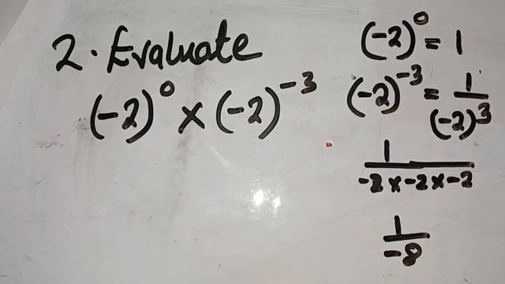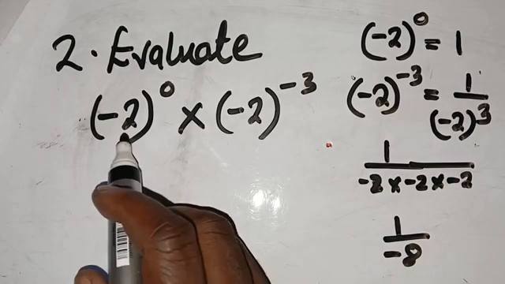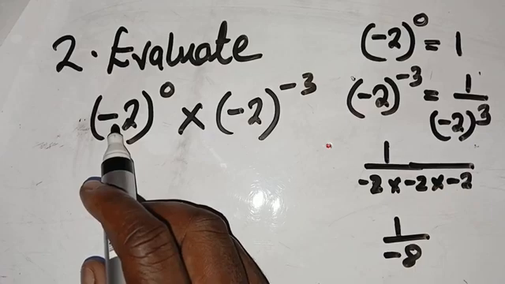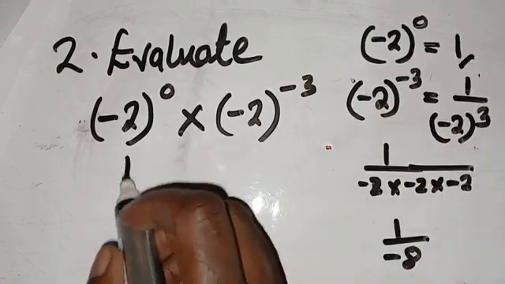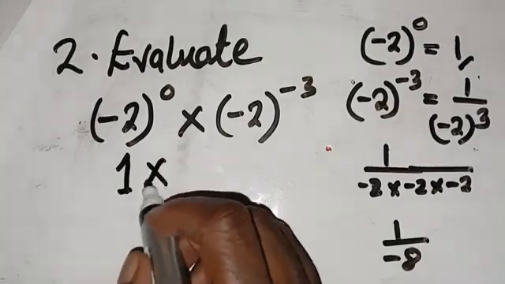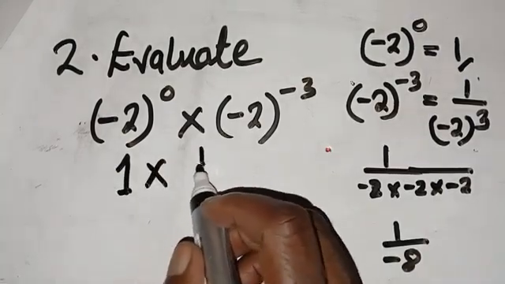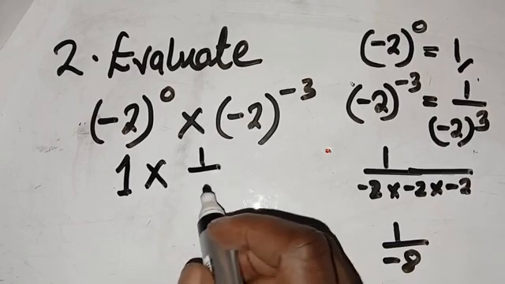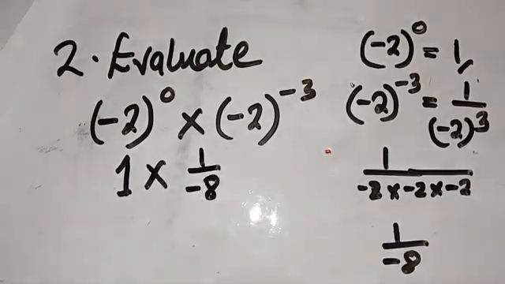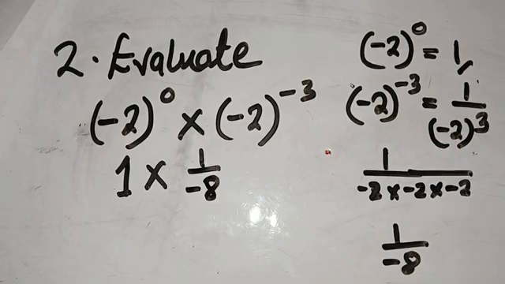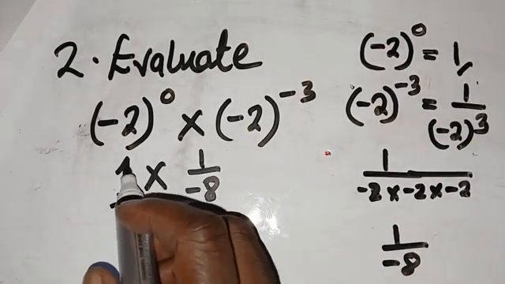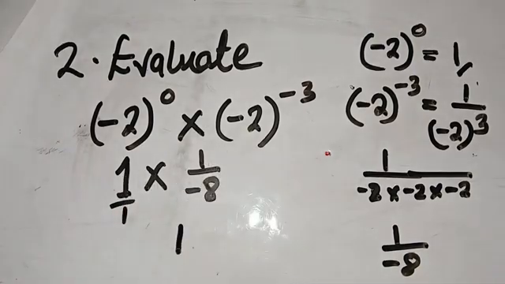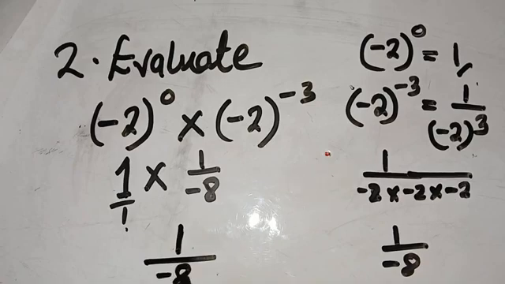Then now, when I bring you to the question, this is going to be, as you saw here, 1 multiplied by, we said this is going to be 1 over -8. And you know that this one is the same as 1 over 1. When you multiply 1 by 1, you will still get a 1. 1 by negative 8, you still get negative 8.